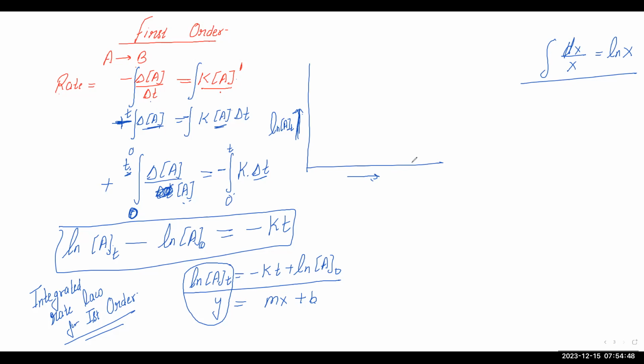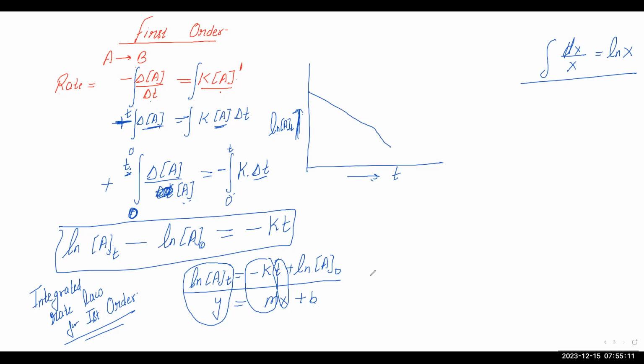And on this side, I'm going to take time, this x. See, this is how we compare. How will the line go? Check the slope. Is the slope negative or positive? Negative. So the line will go like this, right?